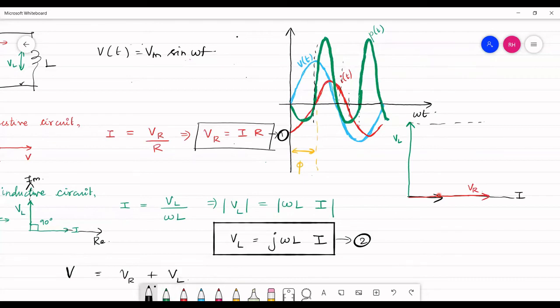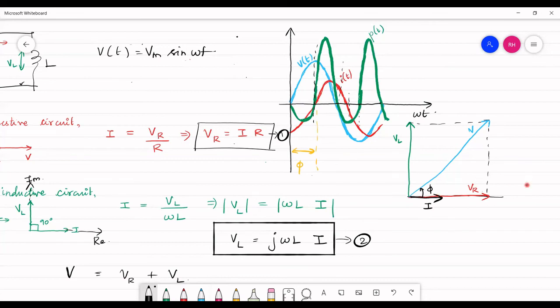VR plus VL, the phasor sum of VR and VL, is the supply voltage, which is V. And as I said earlier, we have the current as our reference phasor. The angle between the voltage phasor and current phasor is the phase angle.